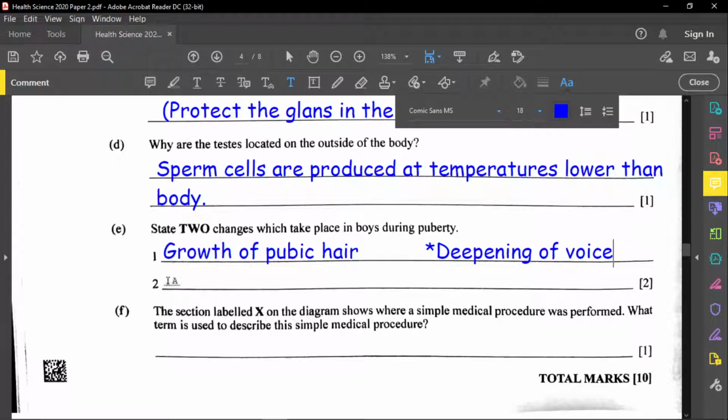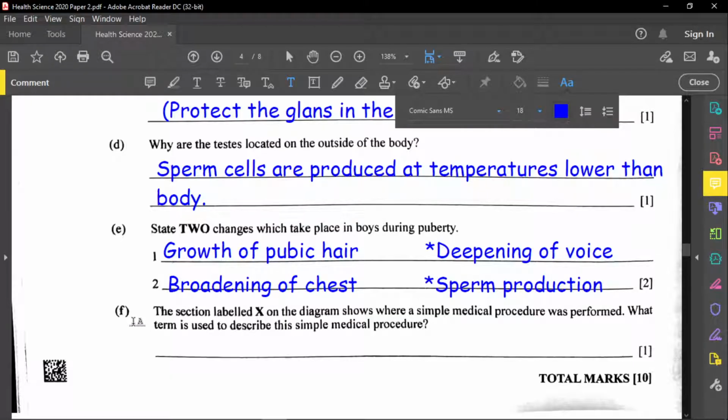You only asked for two, but I'm just trying to give you all of them. You also have the broadening of chest, and another one here, you also have production of sperm, sperm production. So those are the four main things that happen to boys when they reach puberty.